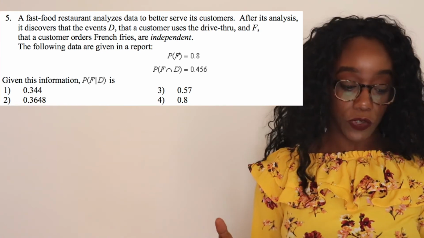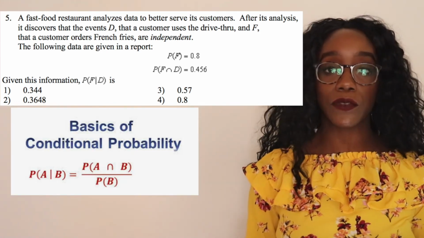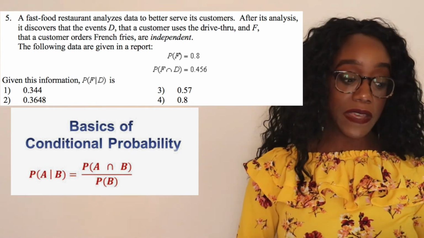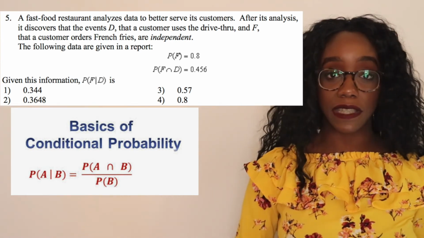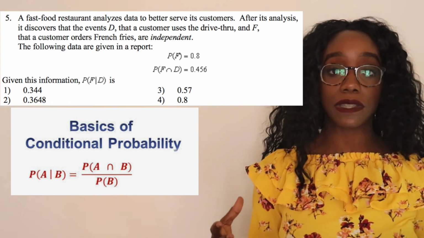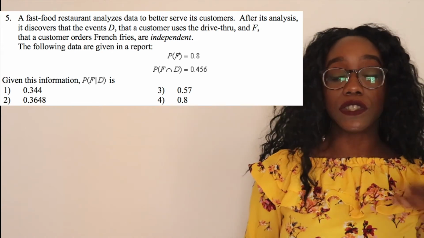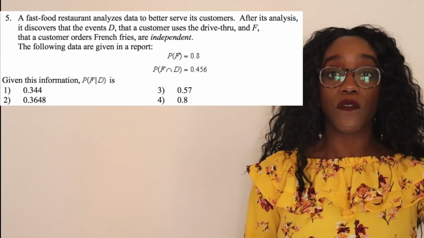So I love this question because you actually have to use 2 formulas, right? If it's asking for the probability F given D, we need to first figure out what is the probability of D. What is the probability of the drive-thru? Because that's going to be in our denominator. So since we don't know the probability of D, we have to take one step first.